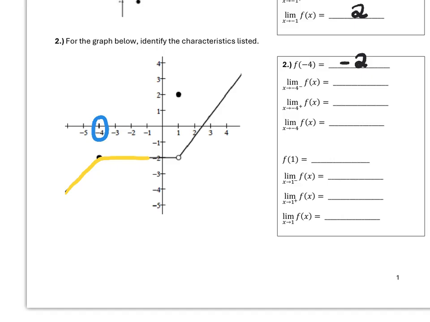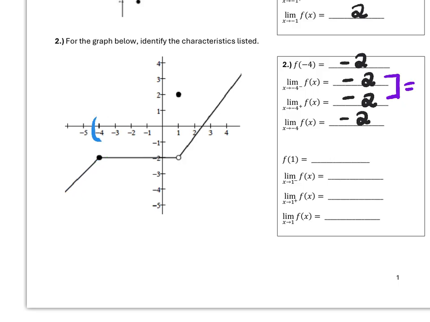But we can also see it because as x approaches -4 from the left, the value of the function is -2. As x approaches -4 from the right, the value of the function is also -2. Because these were equal, that means the limit exists and it is -2.